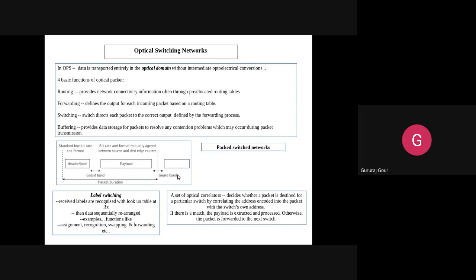These labels will be separated out, and based on that, your data will be sequentially arranged at the receiver side with the help of the optical correlators. If there is any mismatch, then the payload will be retransmitted to the next node or next switch on the path.